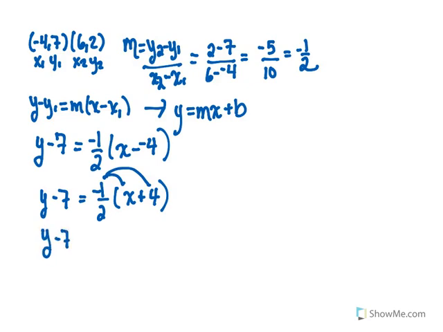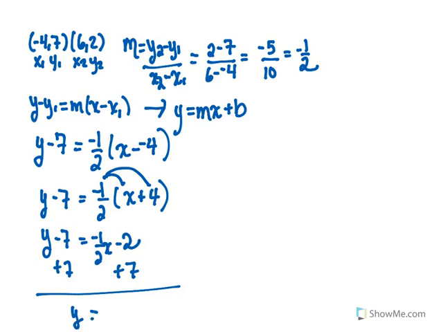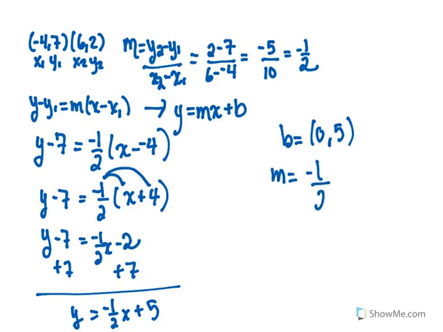So I have y minus 7 equals negative 1/2 x minus 2, and we add 7. So finally, my equation is y equals negative 1/2 x plus 5. That gives me a y-intercept at the point (0, 5) and a slope of negative 1/2.